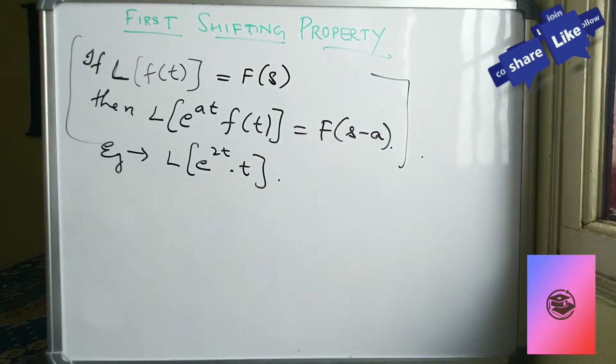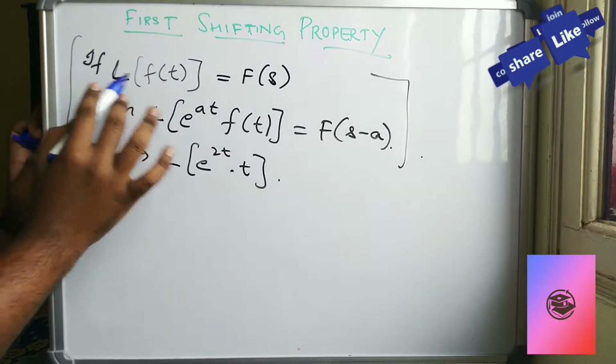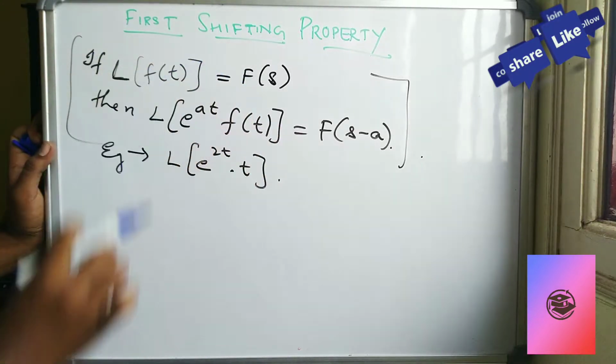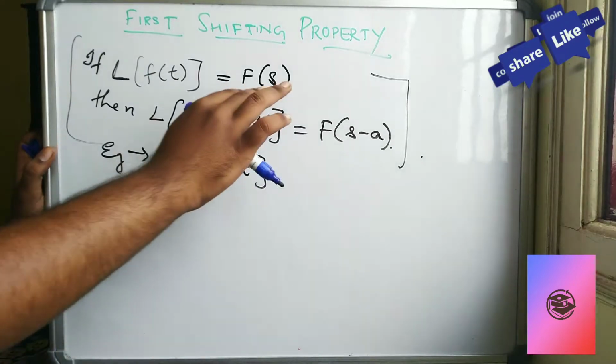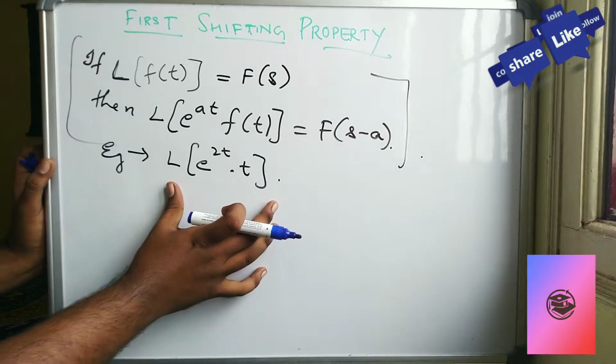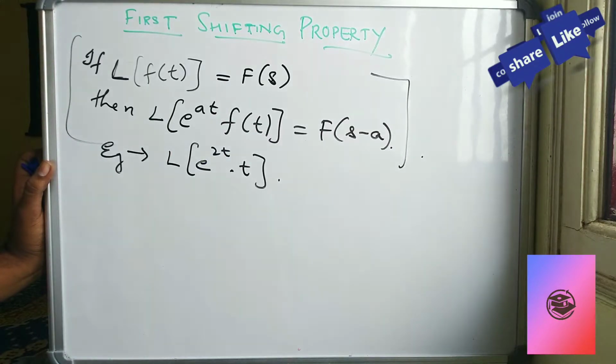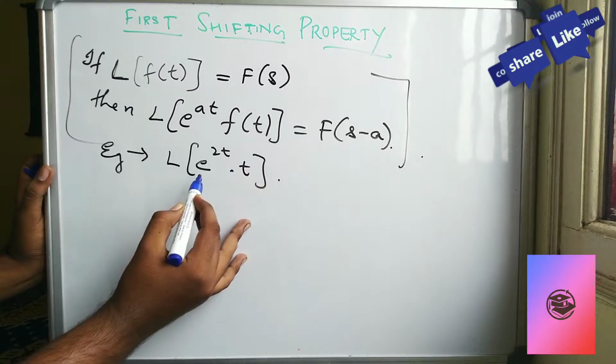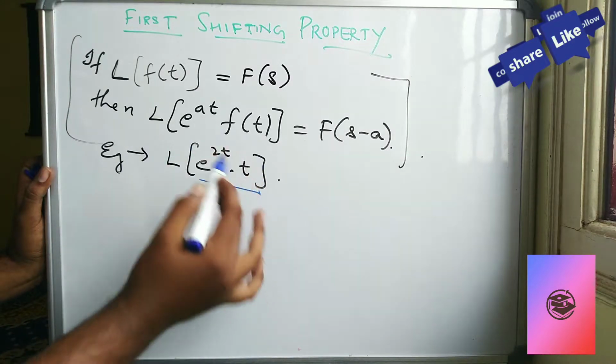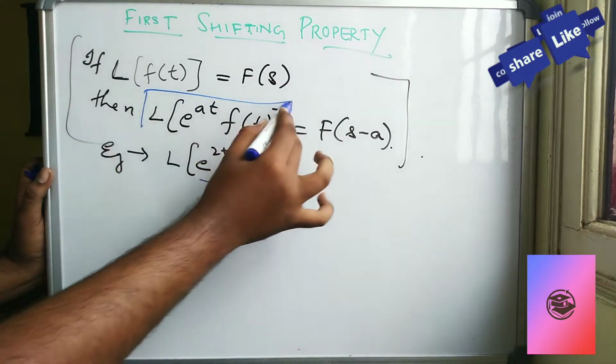Observe here. If Laplace transform of a function is equal to F of s, suppose you have to find the Laplace transform of this function. First thing you have to remember is to compare this with this.